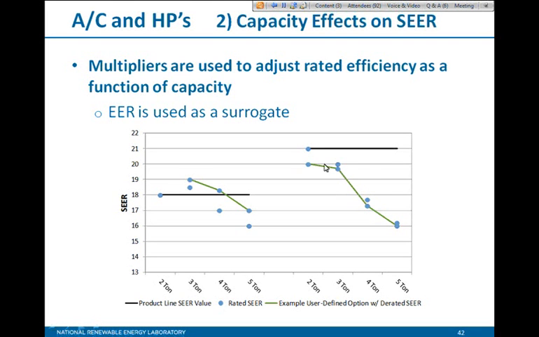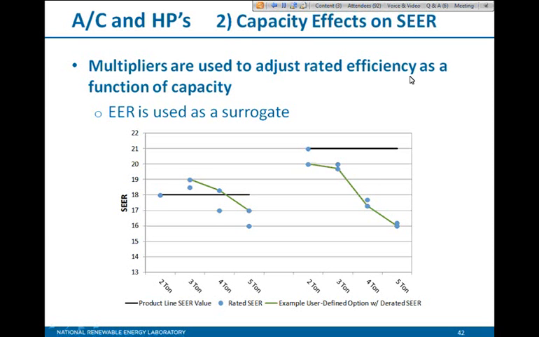There's one air conditioner, and the sizing is determined as John described with the Manual J-like methodology. And so these derates are the way to take an air conditioner option and make it capacity specific.